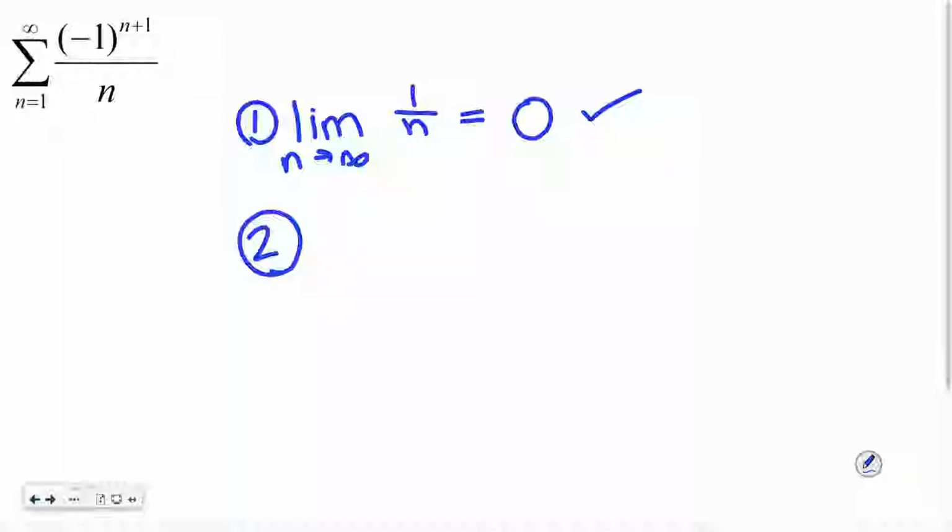How would you like to do that? n equals 1 and n equals 2. It has to be in general. Would you like to take the derivative? Would you look at the ratio? You can't do like we did with the direct comparison test, where we just said this function is always less than this function.